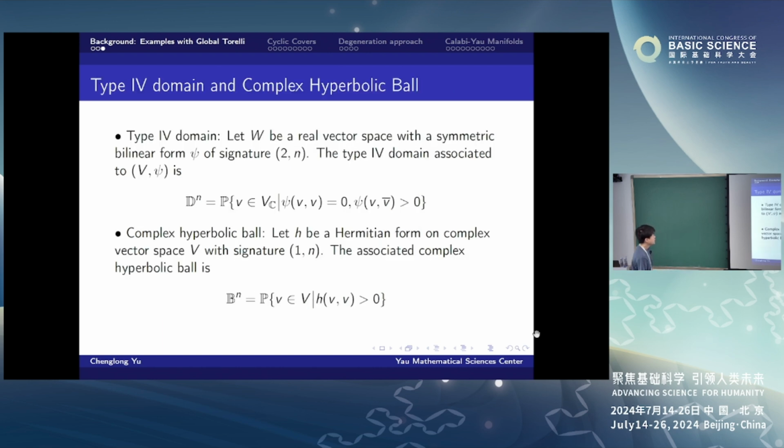All right. So let me say a little bit more about type IV domains and complex hyperbolic balls. So the type IV domain is defined as follows.